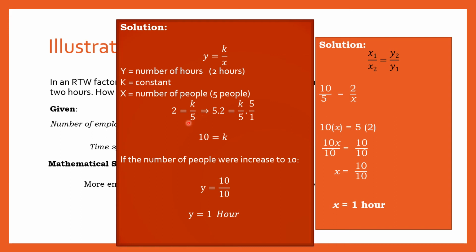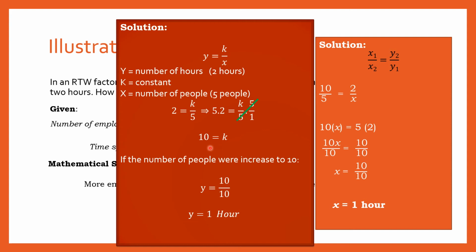So this will lead us to multiplying both sides by 5. So 5 times 2 is equal to k over 5 times 5 over 1. That will lead us to k is equal to 10. So our constant is now solved, and it has the value of 10.